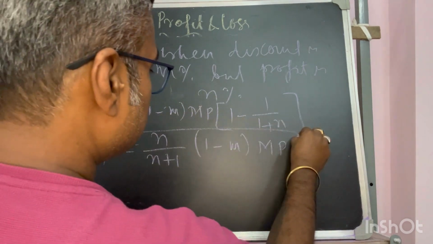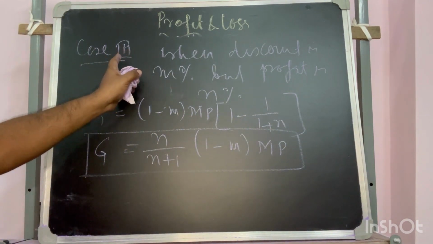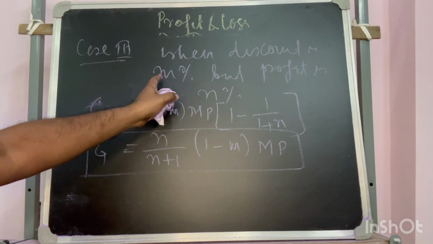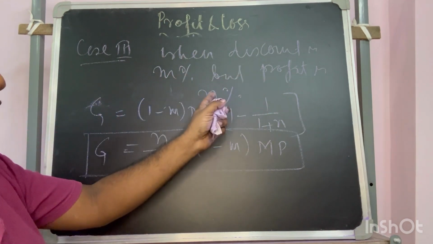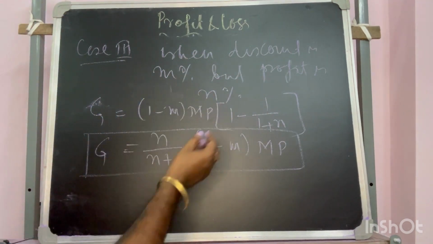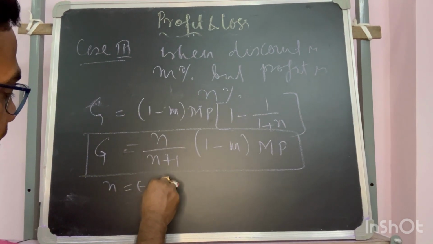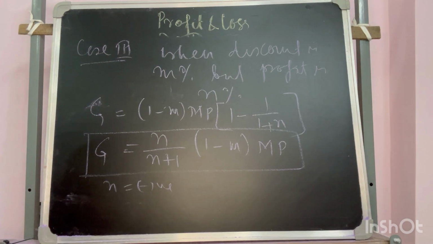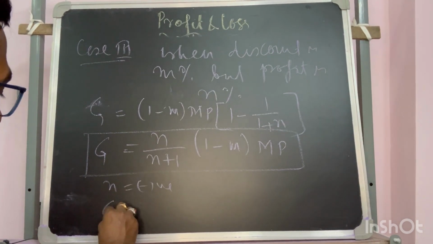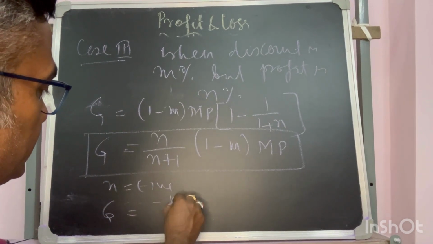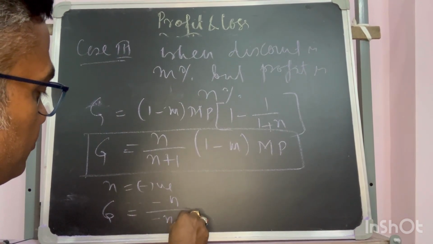So the case 3 where he is giving m discount but getting n profit. There you can also change, if n is negative, that means he is making loss. So what would be the equation there? So that g will become, n will be minus n plus 1.